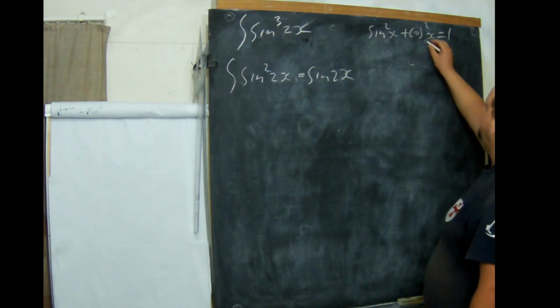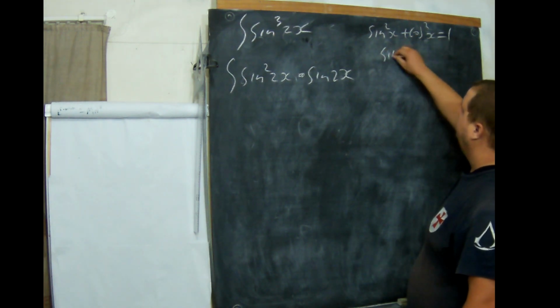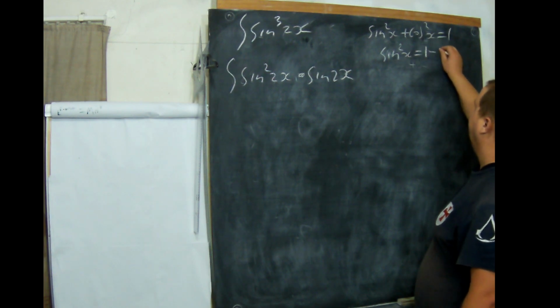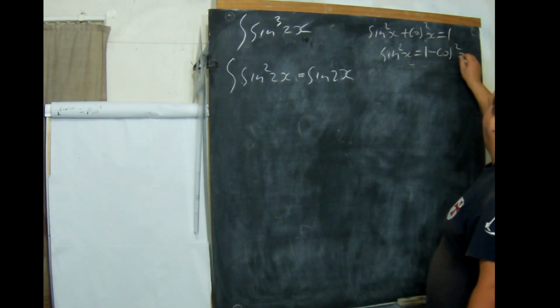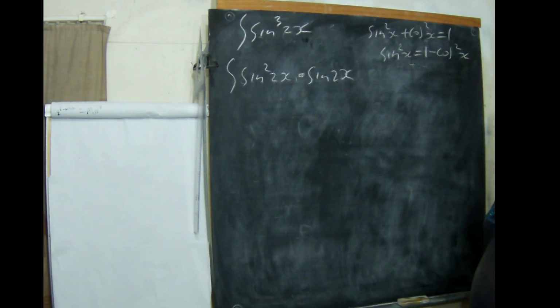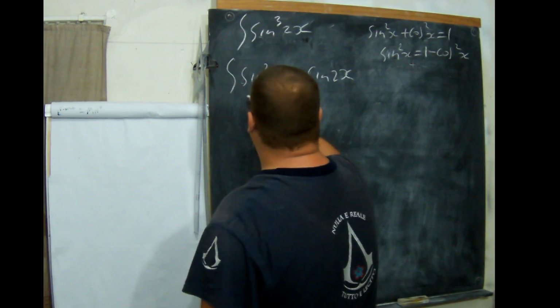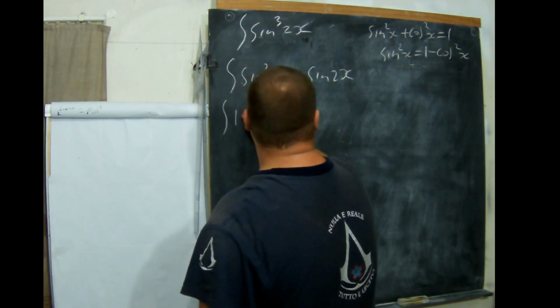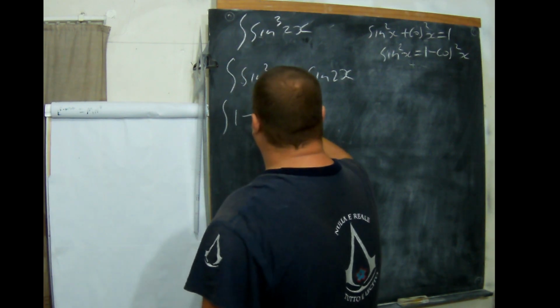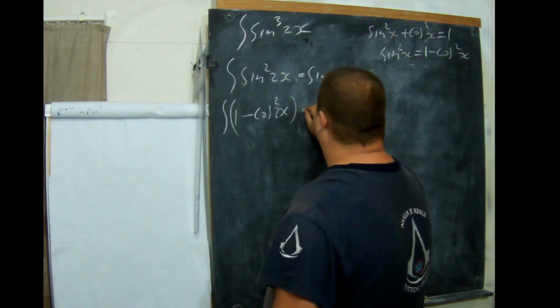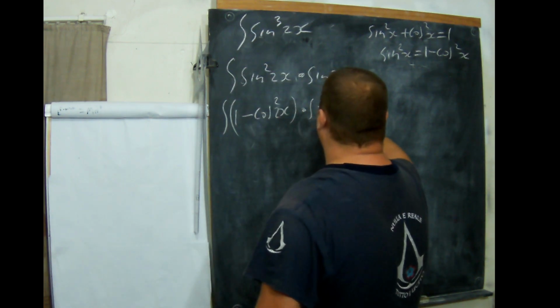So if we manipulate the formula, sine squared x is equal to 1 minus cos squared x. So replace sine squared x with 1 minus cos squared 2x, multiplied by sine 2x.